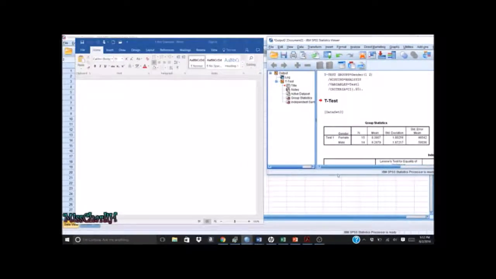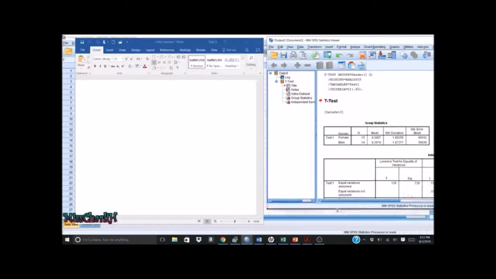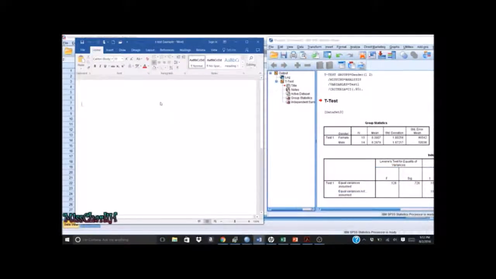Some of the worst parts of learning statistics, statistical analysis, is also learning how to write them up properly. I'm going to be writing everything in APA style. The first thing I want to do is discuss which test I ran.